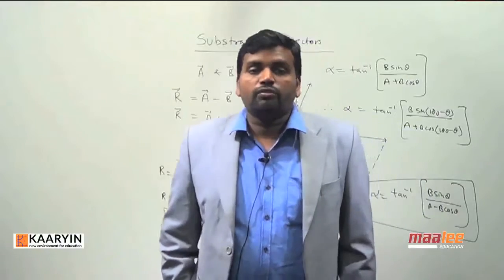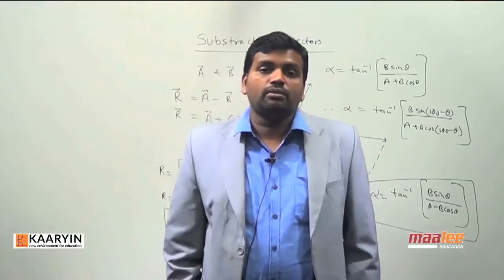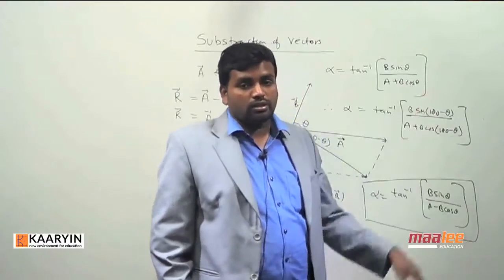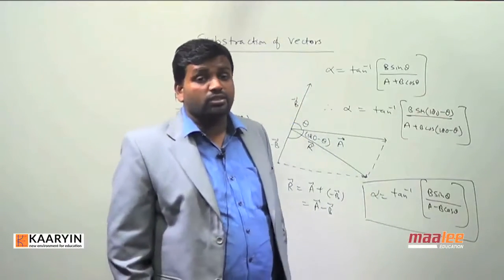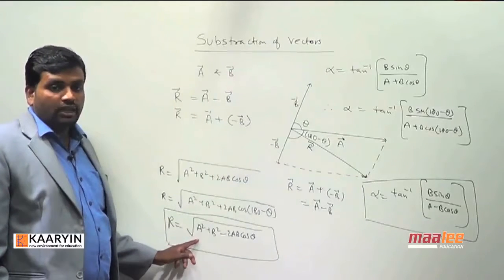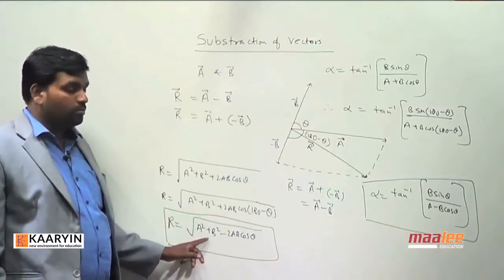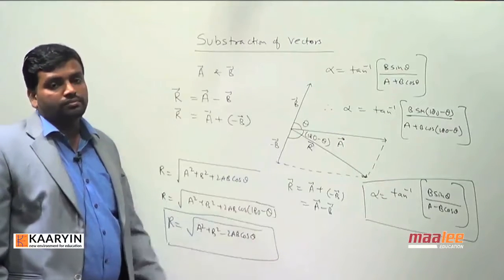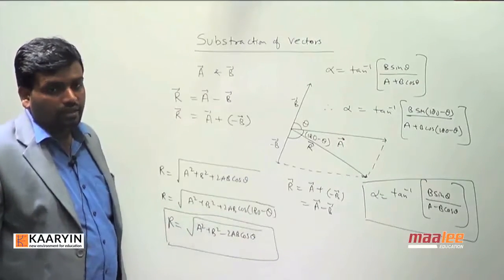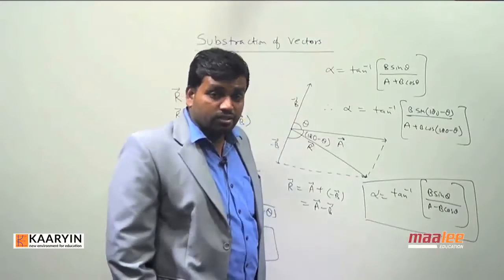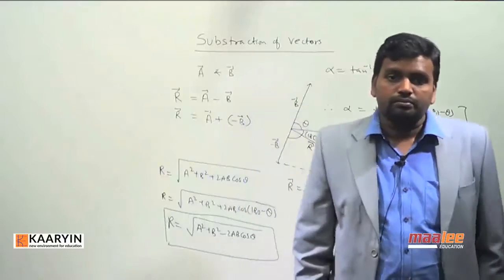The formula for direction is alpha is equal to tan inverse of B sin theta by A plus B cos theta. This is for addition. For subtraction, R is equal to root of A square, first vector, plus B square, second vector, minus 2AB cos theta. Correct? Clear? Okay.